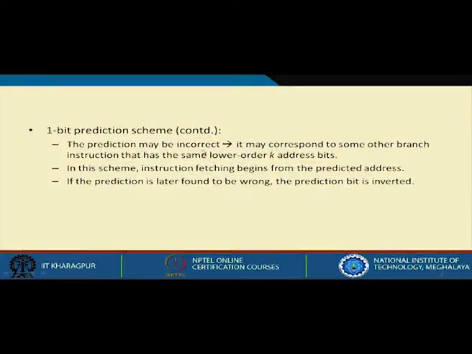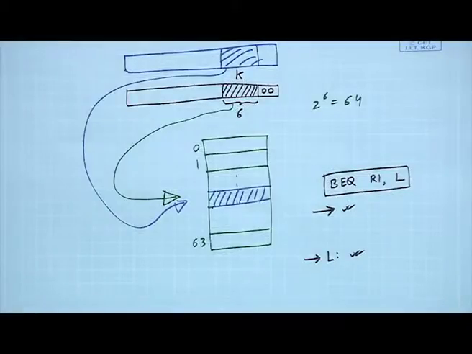So, sometimes the prediction may be incorrect, and here the instruction fetching will begin from the predicted address. During execution later on, for MIPS 32 as I said, at the end of ID you will come to know whether your prediction is right or wrong.